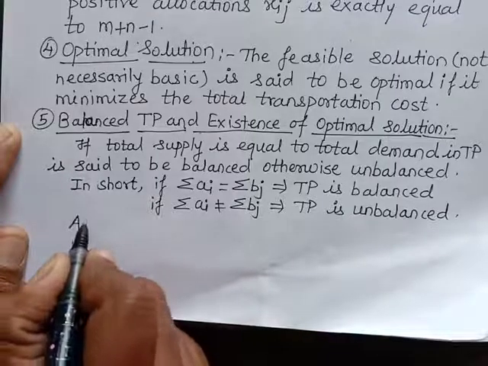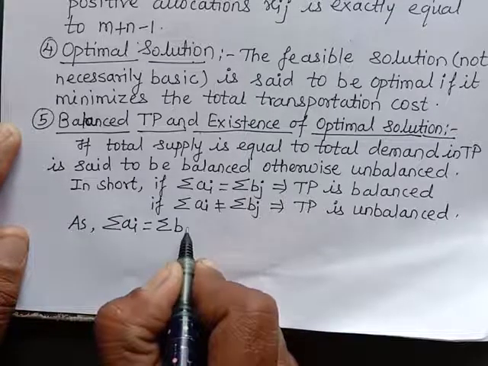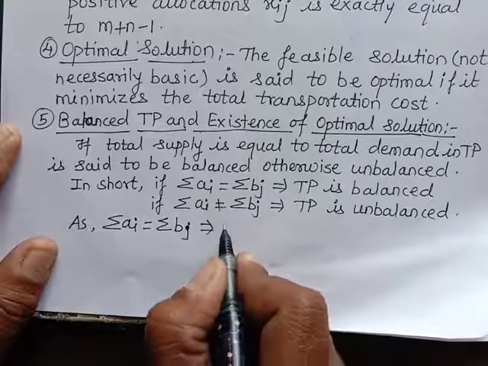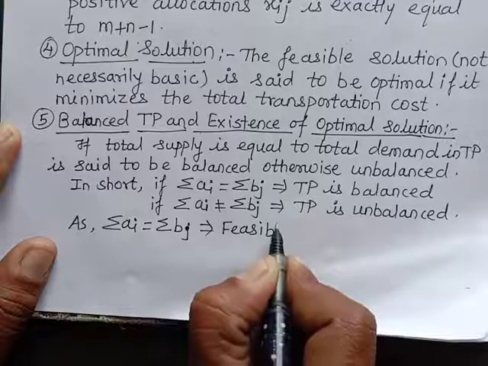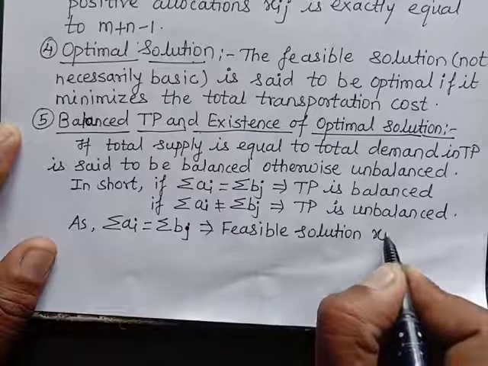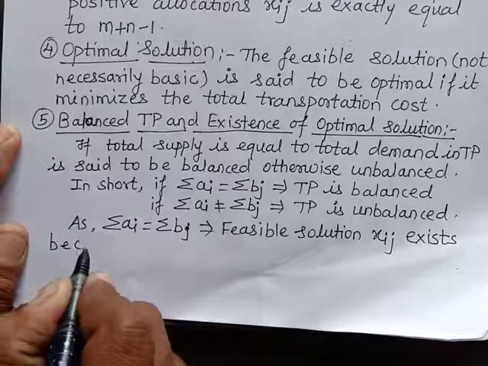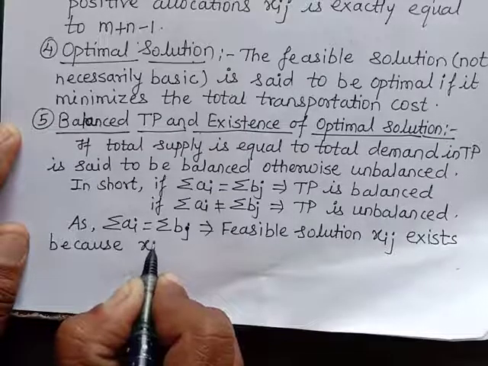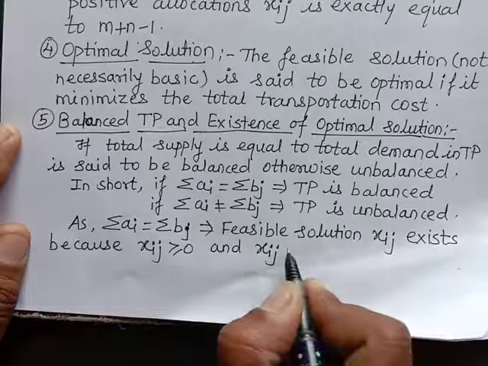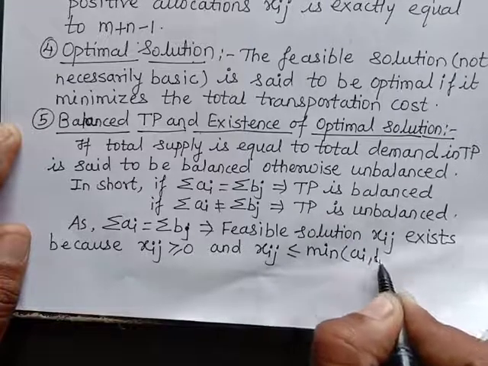As summation ai equal to summation bj implies a feasible solution xij exists, because xij is greater than or equal to 0 and xij is less than or equal to minimum of ai and bj.